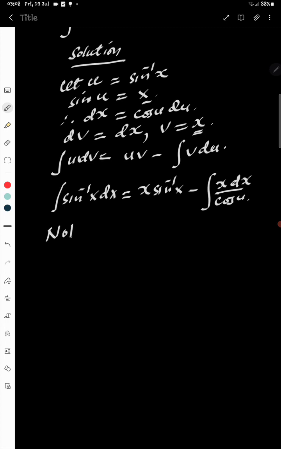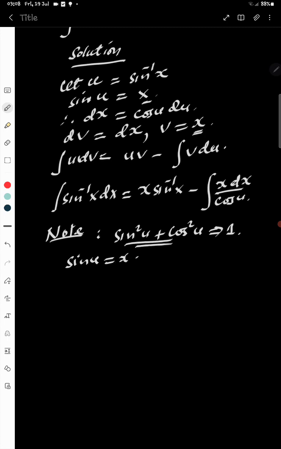Note that sine squared u plus cos squared u is equal to 1. Therefore, in our case here, we have sine u is equal to x. From this relation, we can make cos u the subject of the formula.